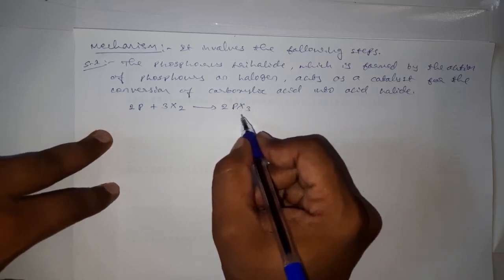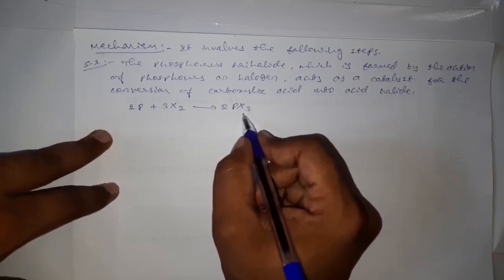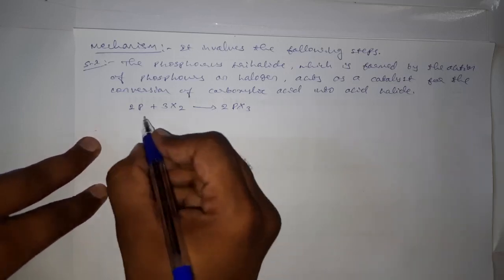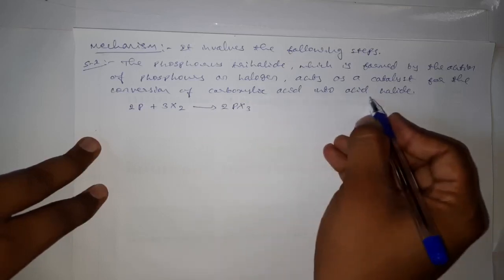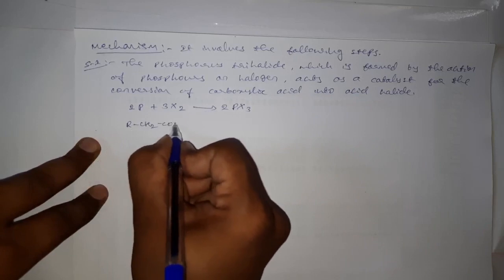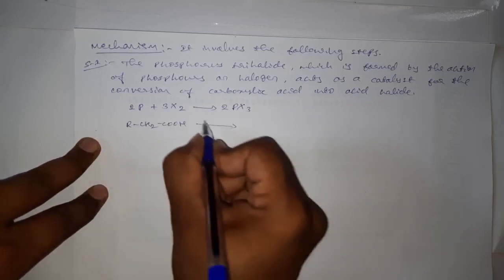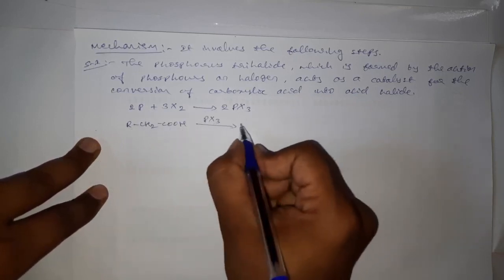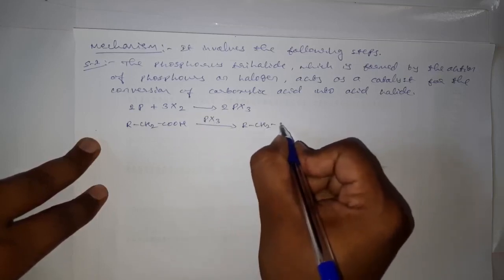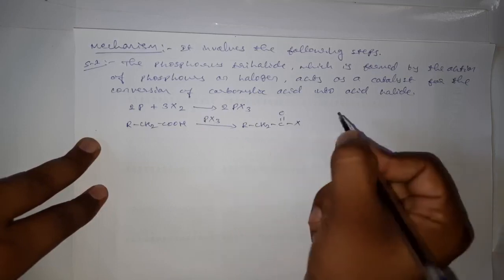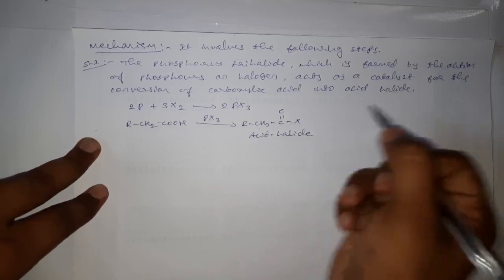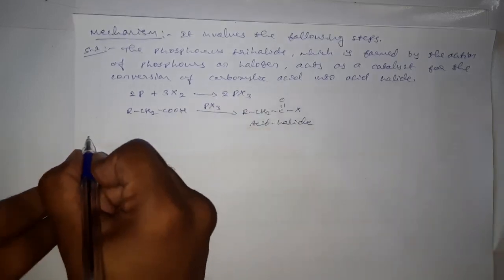And this phosphorus trihalide will now act as a catalyst to convert the carboxylic acid into acid chloride, RCH2COOH, with phosphorus trihalide, giving RCH2C double bond O X. This is acid halide, correct? This is the first step.